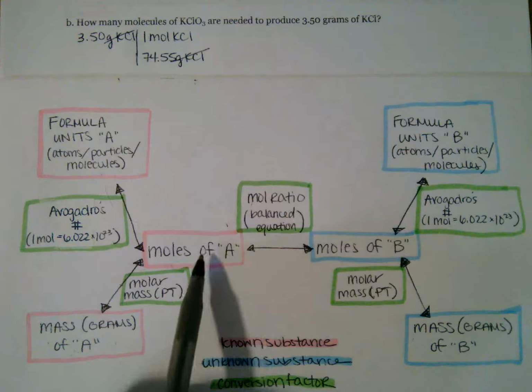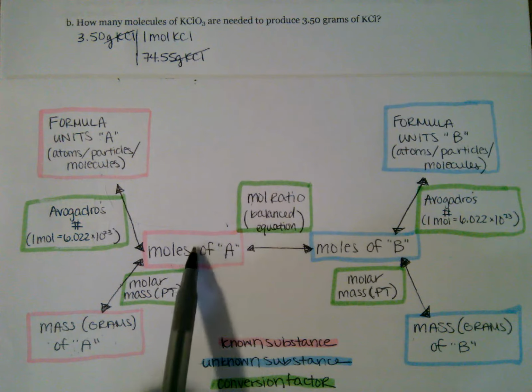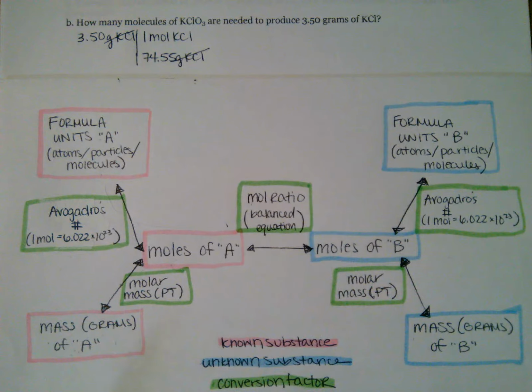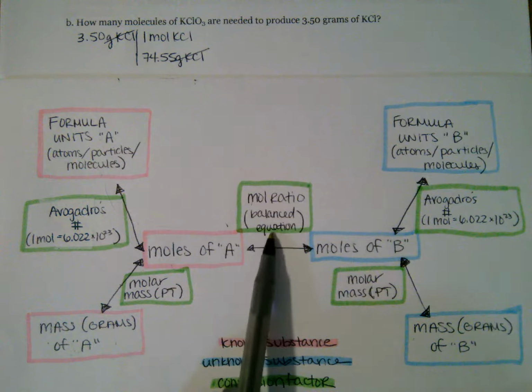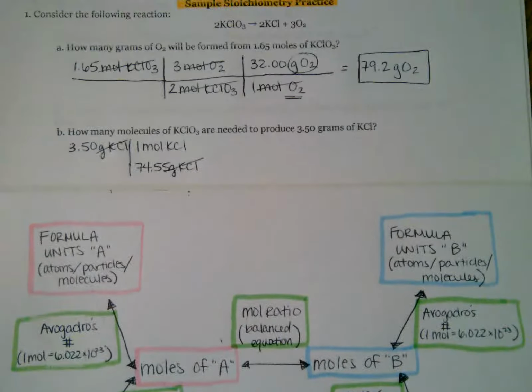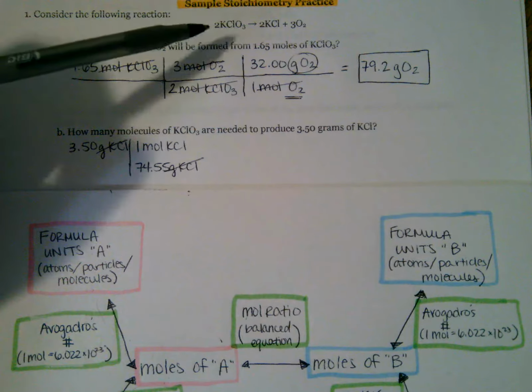Now for the new step, we need to go from moles of potassium chloride to moles of potassium chlorate. Where do we need to look? It's on your flowchart. You need to look for those numbers from your balanced equation. So here's our balanced equation.